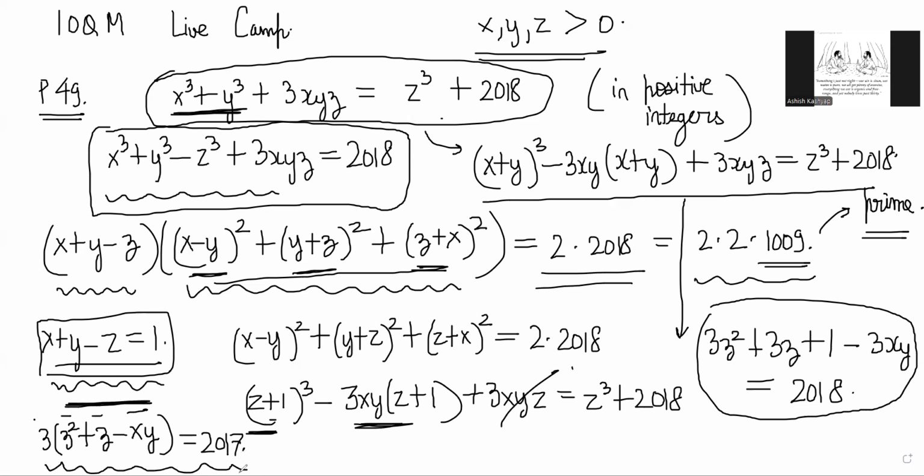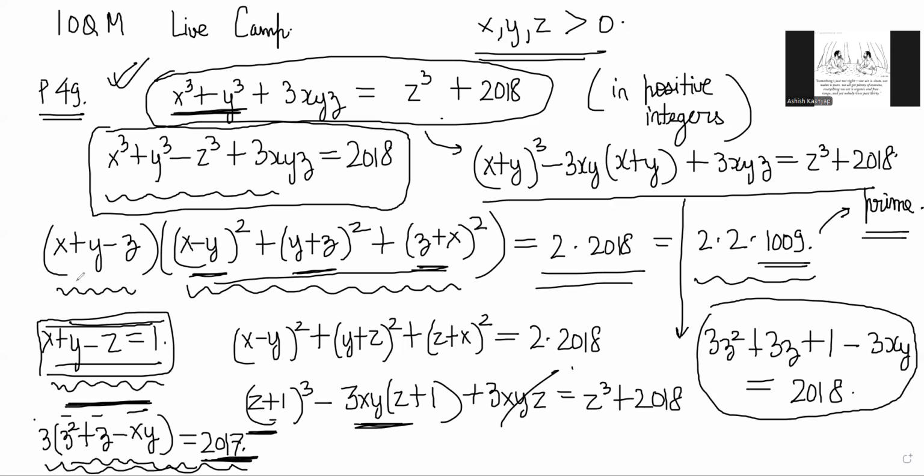So 3 times an integer is 2017, but 2017 is not divisible by 3, which means that this is a contradiction, right? I hope everyone is understanding what I'm trying to say. From the initial condition, if I take the case x plus y minus z is 1, I'm getting a contradiction, because 3 times something is coming equal to a number which is not divisible by 3.